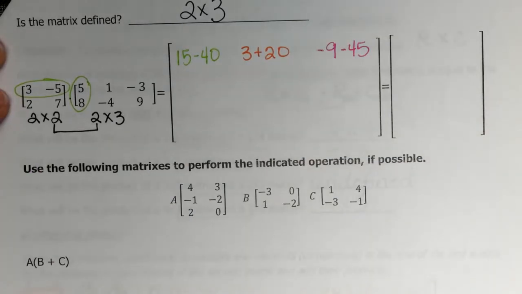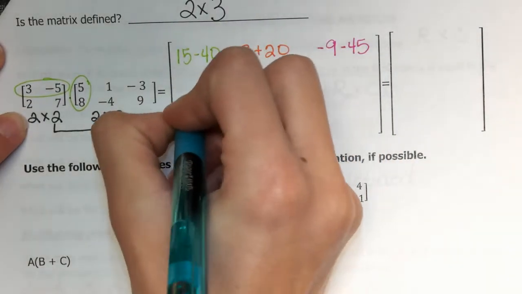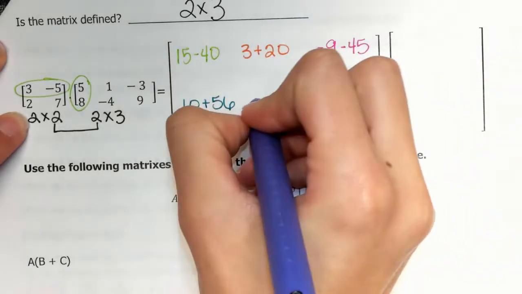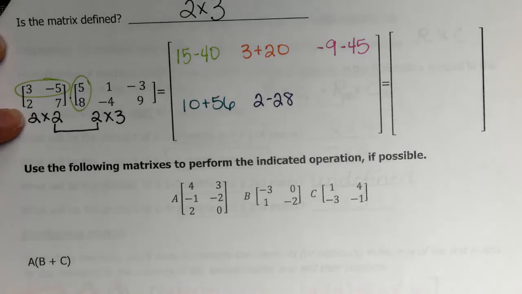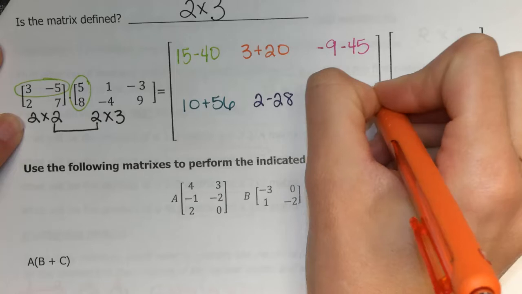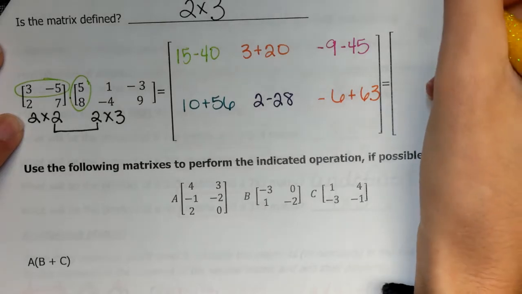Very good. Okay, and then second row? And then? And then? Very good. Were y'all good with that? Okay. So then my final answer?